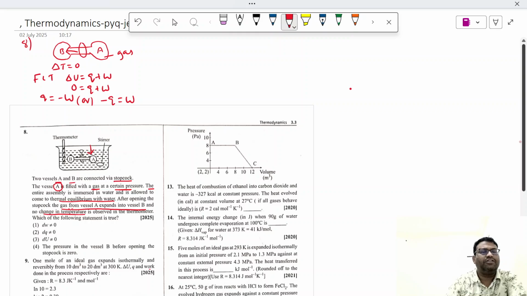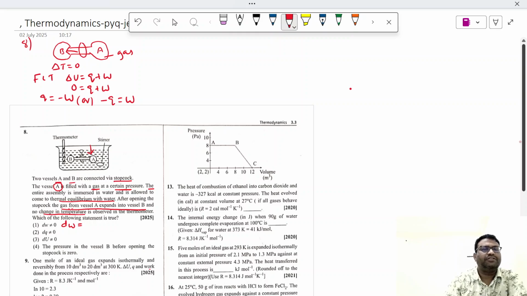See, work is done. He is mentioning that temperature delta T is not changing, but work is being done. If work is done, delta T must not change.